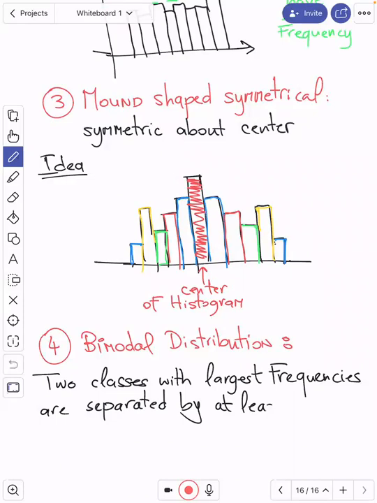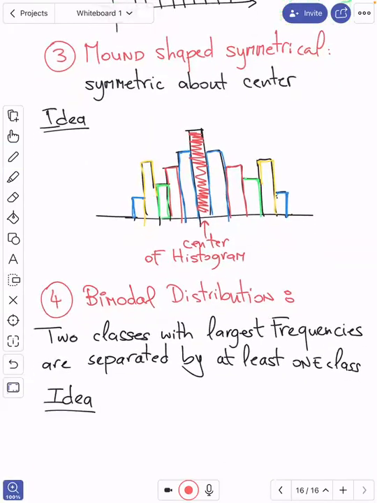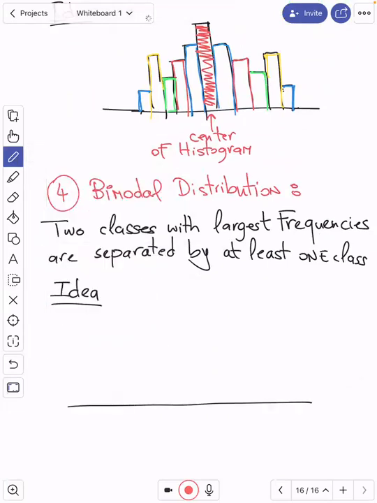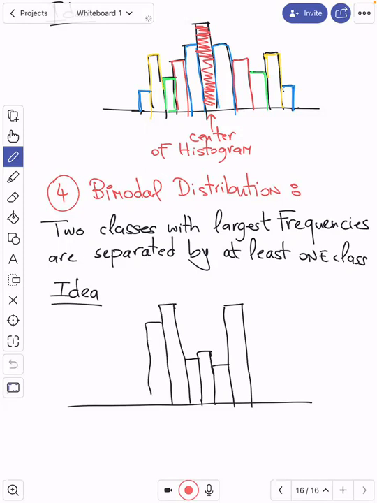So for example, the shape of your histogram is going to look like the following. You have 2 classes with the largest frequencies, which would be these 2 right here.